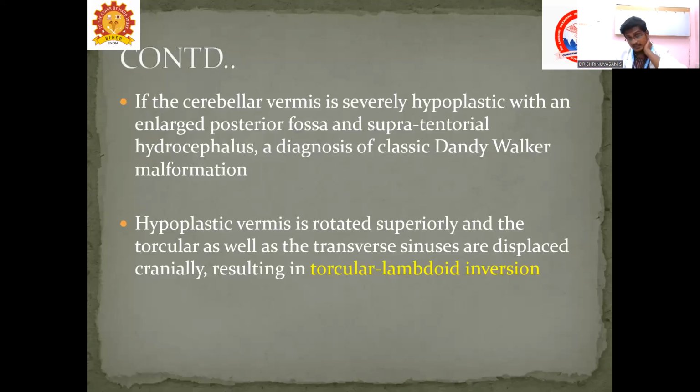If the cerebellar vermis is severely hypoplastic and associated with an enlarged posterior fossa, the diagnosis is classic Dandy-Walker malformation. It is always associated with a rotated hypoplastic vermis and torcular lambdoid inversion.